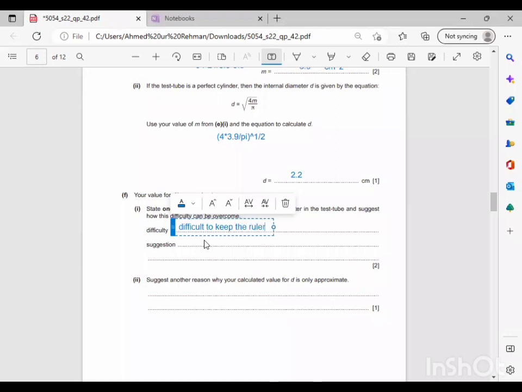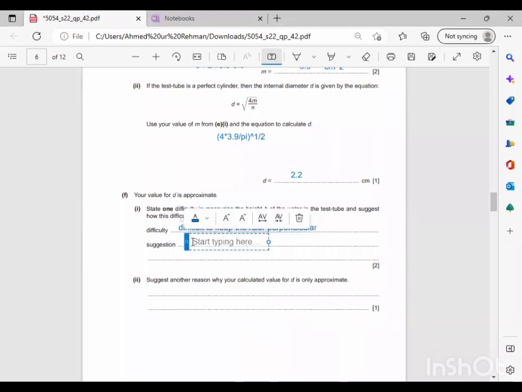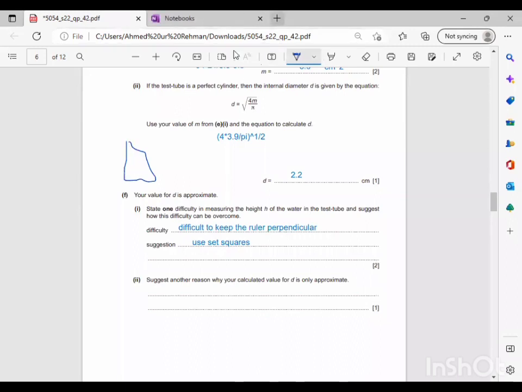And I'll tell you why I'm writing this one. I'm writing this one because whenever there is problem in keeping the ruler straight, in keeping the ruler perpendicular, you do what? You use set squares. How do set squares work? Set squares are basically those, like these things. Okay, I can't draw it. Wait, let me show you. Set squares.